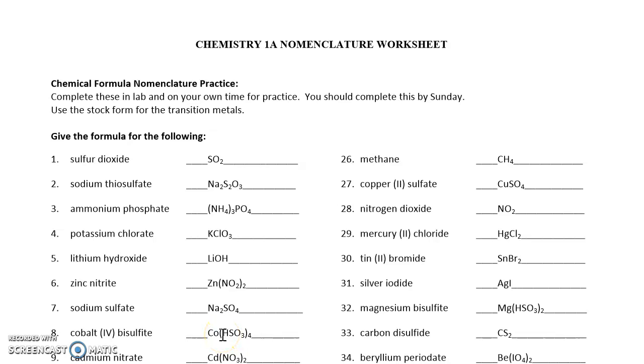And I'm told I have 4 of them, so altogether, these 4 bisulfates in the parentheses have a net -4 charge. I've only got 1 cobalt, so what charge could that 1 cobalt possibly have to satiate the 4 single negative charges? It has to be a +4. So we know it's cobalt 4 bisulfate or cobalt 4 hydrogen sulfate.